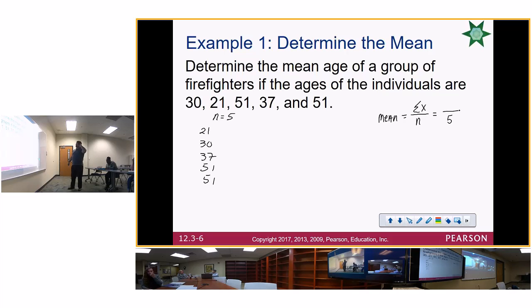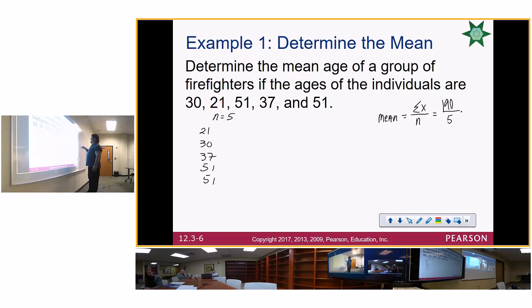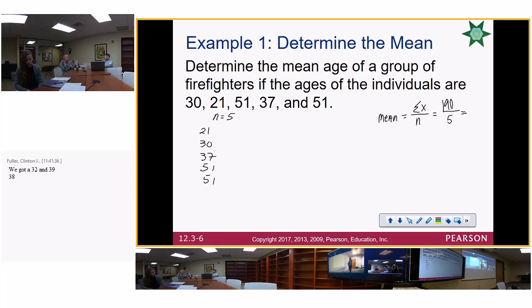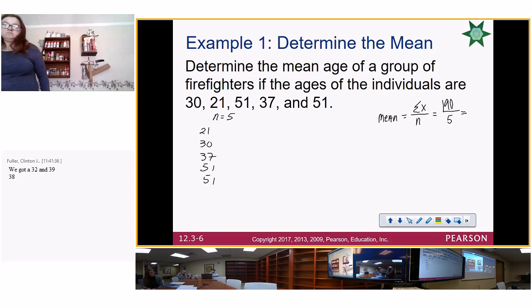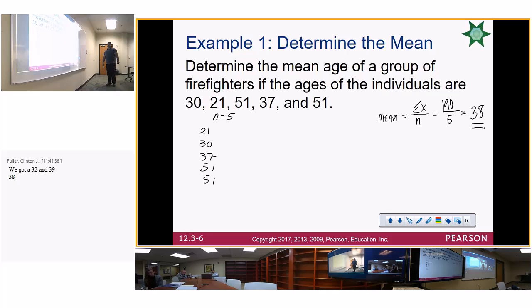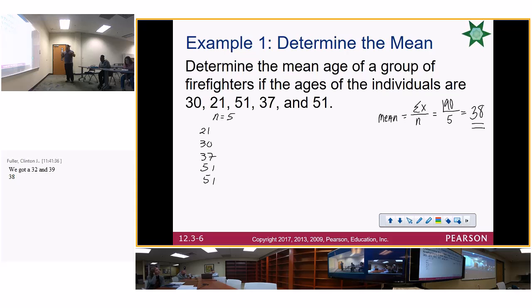Okay, somebody take 190 and divide by 5. 38. And that is your mean. Now, I would probably be willing to say that all of you got 38 because y'all all know how to find your test average. Okay, so now we're going to find the median.